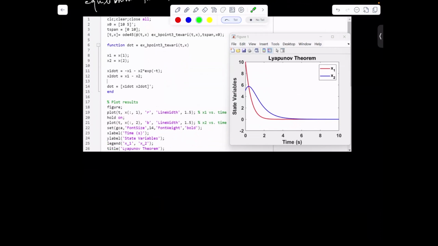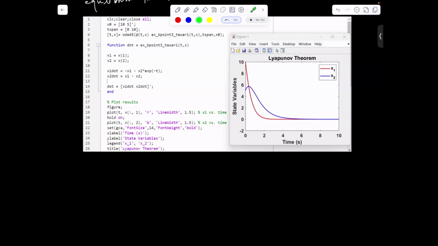These are the MATLAB code. And we can see that x1 and x2, starting from this initial point, over time go to 0. The system is stable. So the equilibrium point, which is 0, 0 for this example, and over time the system response goes to 0.